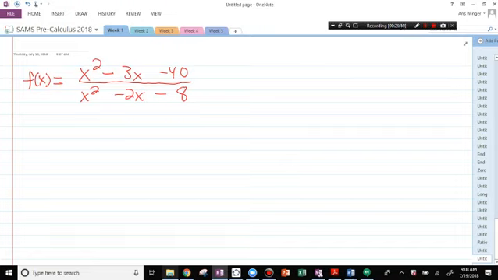So now, as x tends to infinity, x is getting larger and larger. So at x equals 100, x squared is 10,000. You just double the number of zeros. 10,000 minus 300 minus 40. When x is 1,000, x squared is 1,000,000 minus 3,000 minus 40.